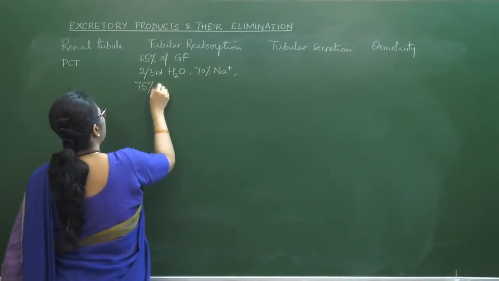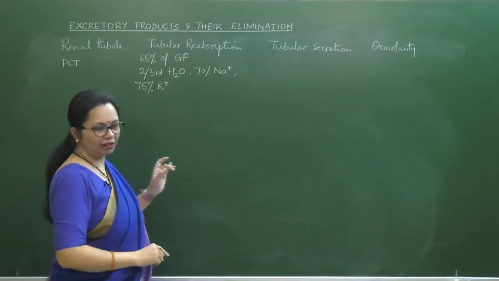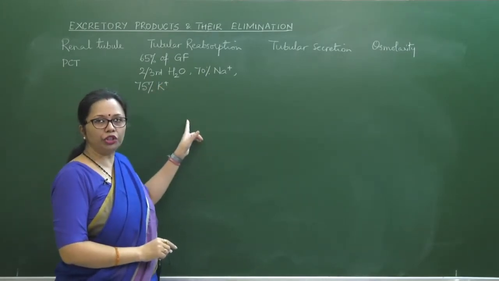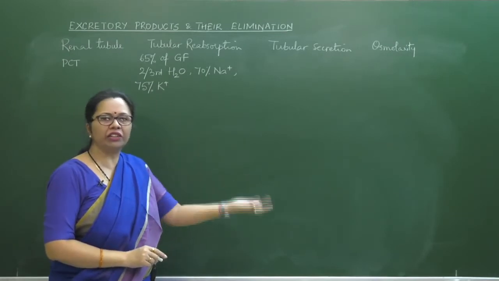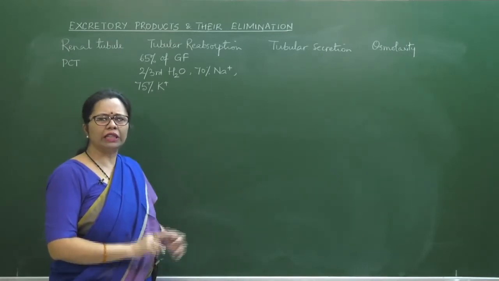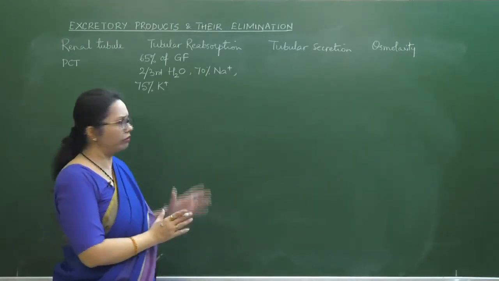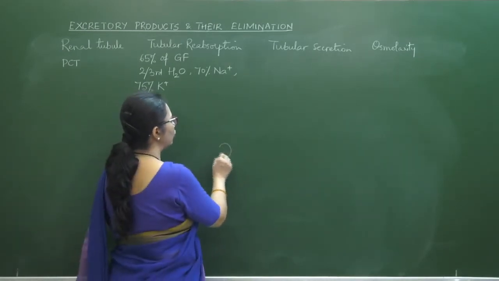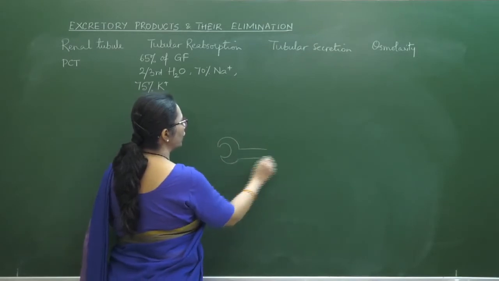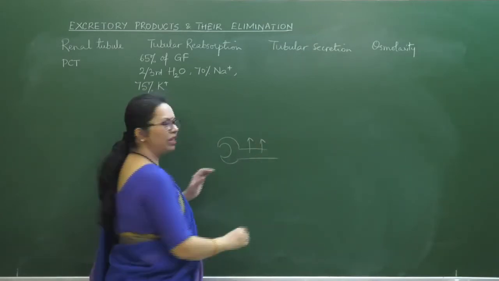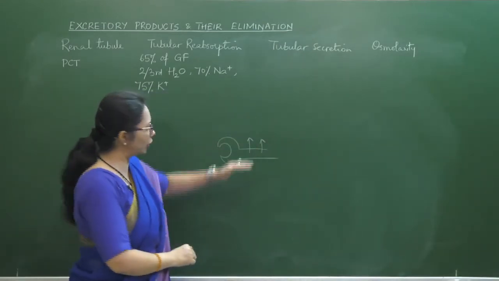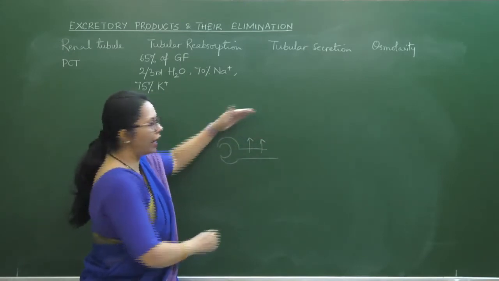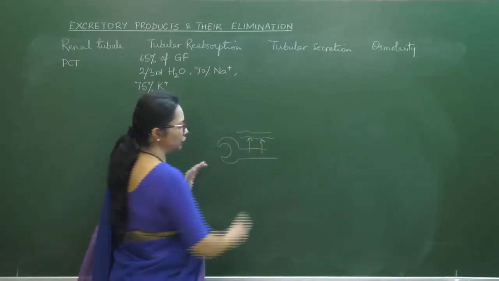75% K. Now here one more thing. In the NCERT it is mentioned that potassium is secreted. A small amount is secreted, but mainly it is reabsorbed here, right? So in the diagram, the arrows which are going out from the nephric tubule mean the substance is getting reabsorbed, because it is coming out from the tubule and of course going into the bloodstream, right?